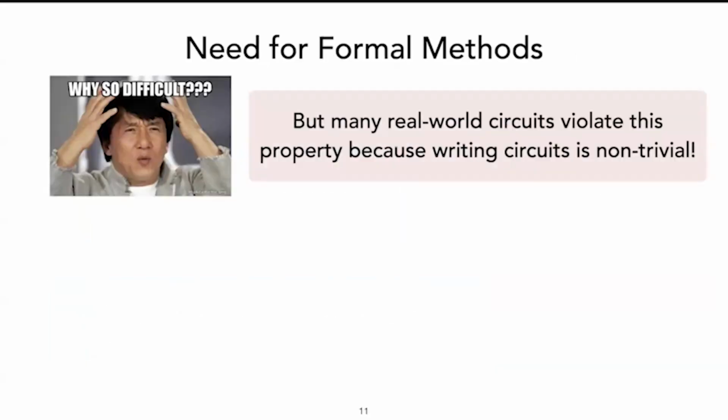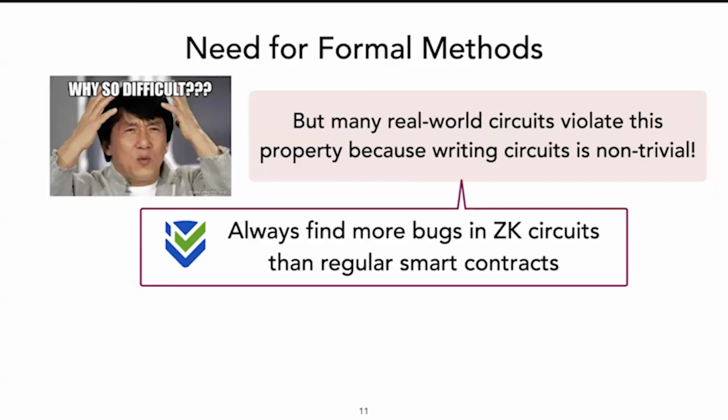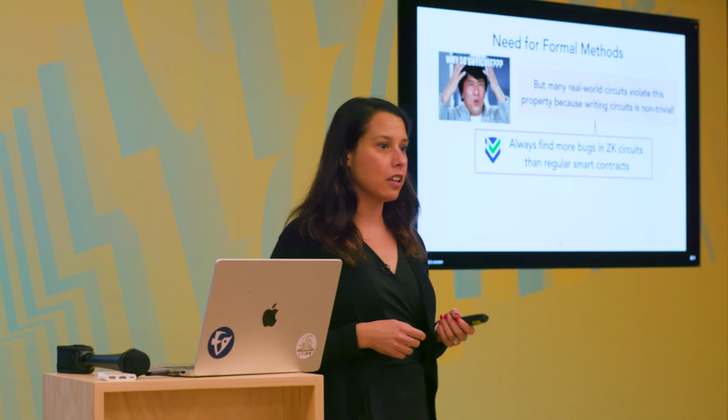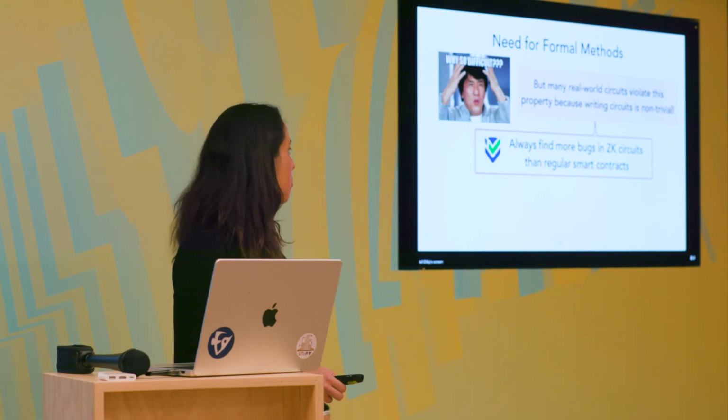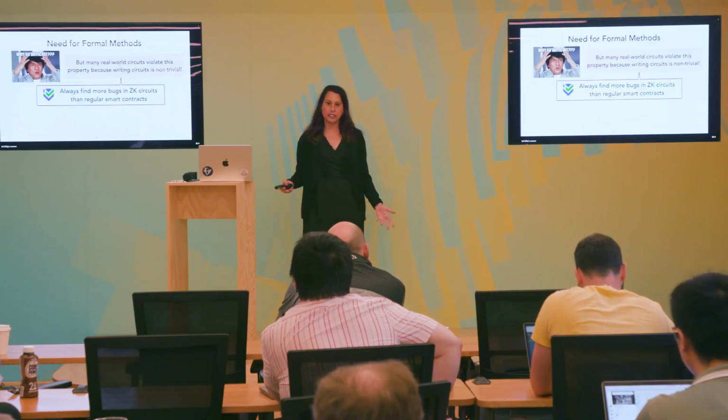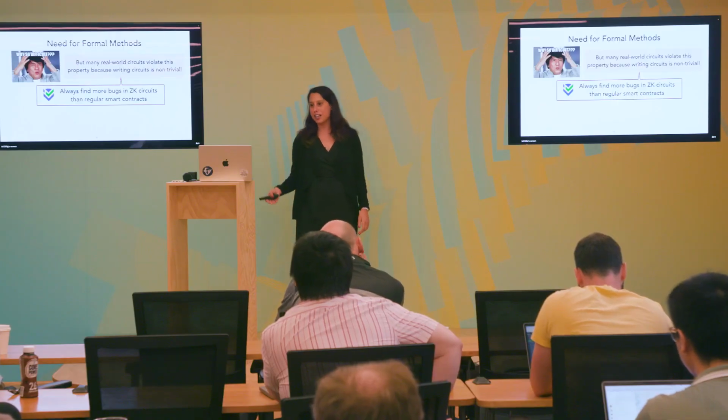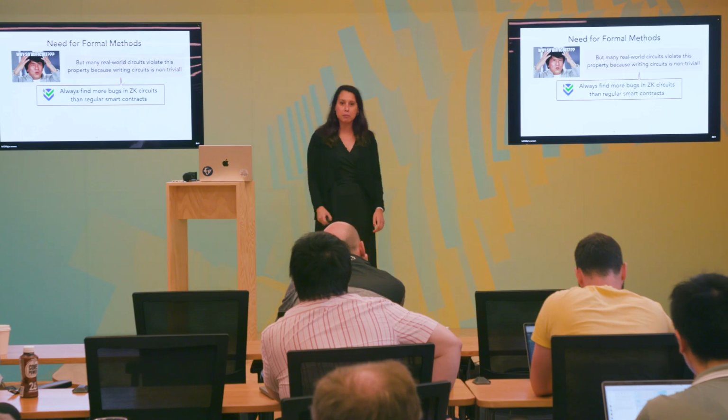But unfortunately, it turns out that many real-world circuits violate this property because writing circuits turns out to be very non-trivial. And in fact, at the startup I co-founded, Veridise, we audit a lot of ZK circuits, and we always find more bugs in ZK circuits than in other types of software like smart contracts or even blockchain implementations.